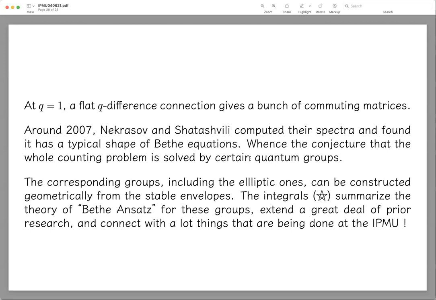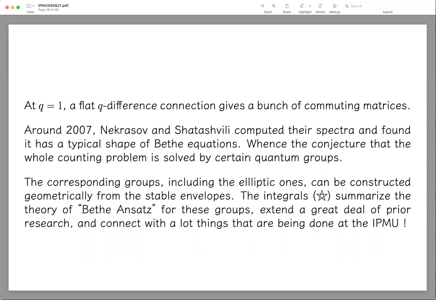That's through this machinery of stable envelopes. And then one identifies the corresponding Q-difference equations as the equations intrinsic to the theory of quantum groups, namely the Knizhnik-Zamolodchikov equation, the dynamical equations, and related equations.